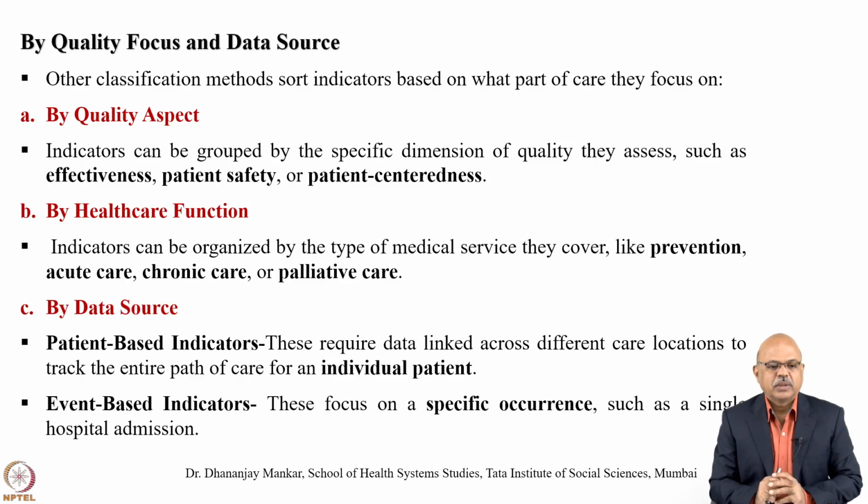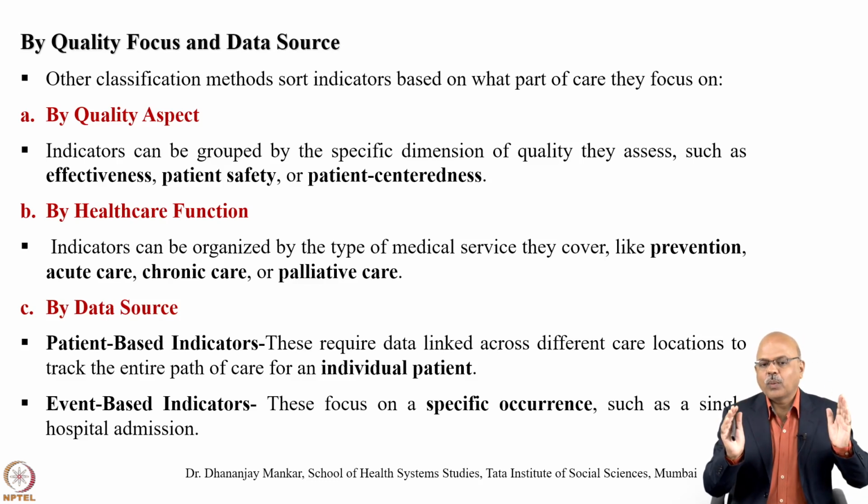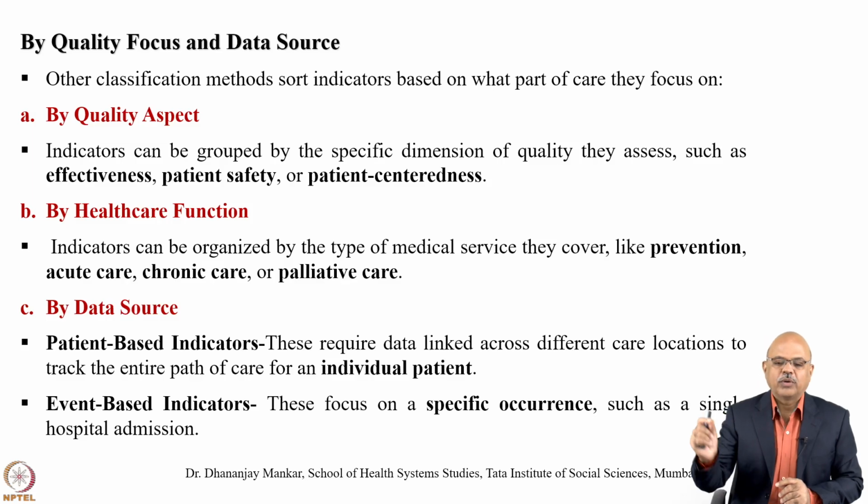function indicators. The third is by the data source, where you may find there is again a subclassification based on patient-based indicators and event-based indicators. With respect to patient-based indicators, I want to focus here that this requires a data link across the different departments, care locations and the entire track, where the entire path of care of an individual patient, from the very start to the discharge, is set.